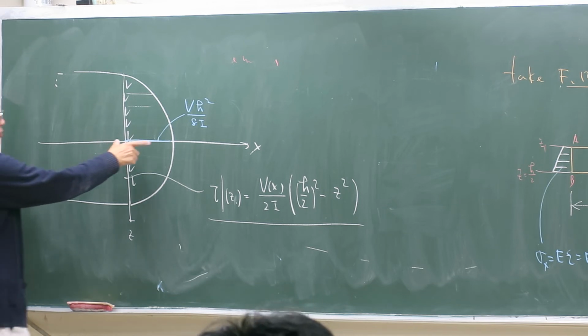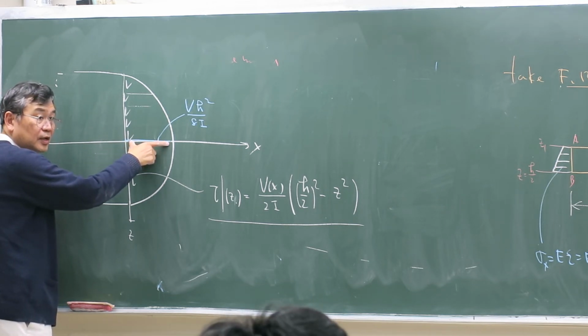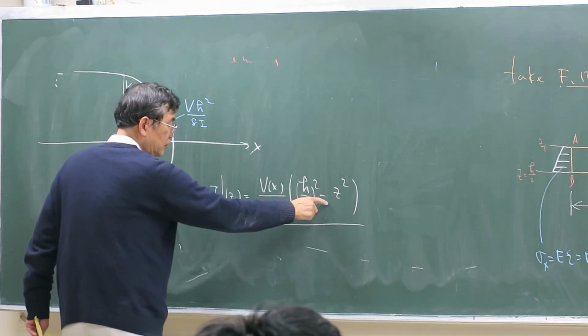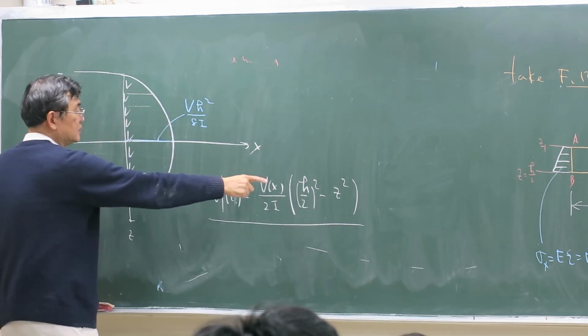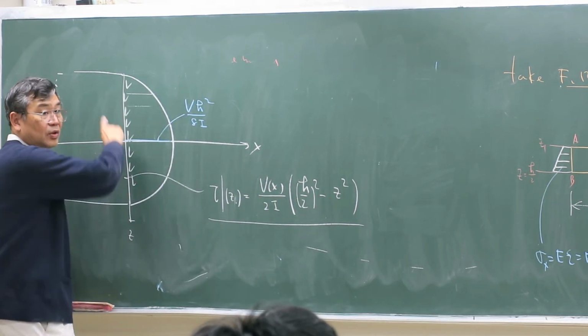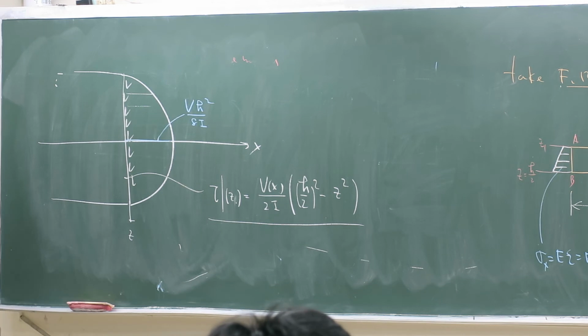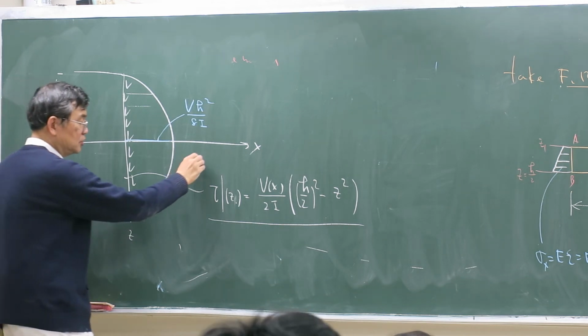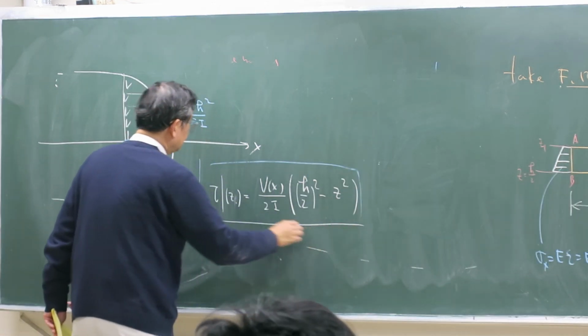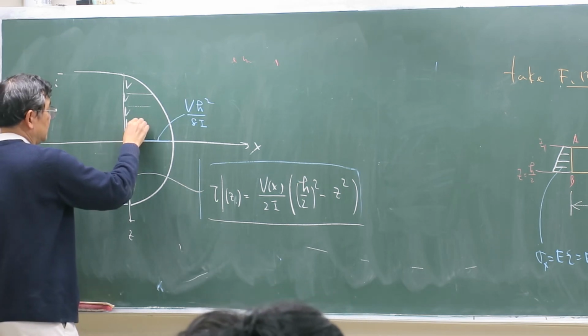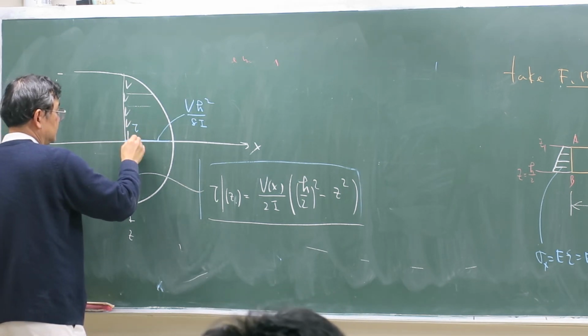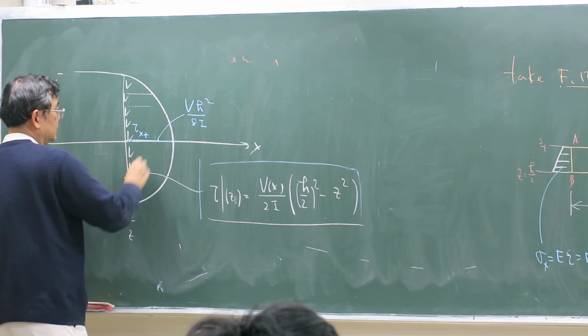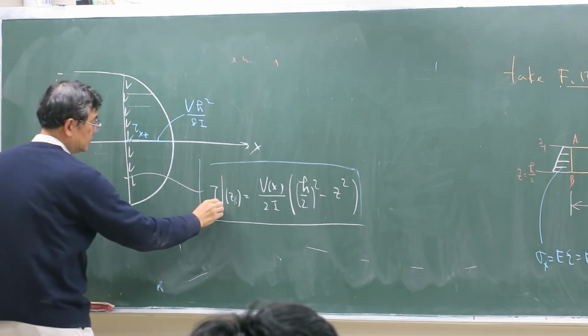This maximum shear stress value is V h squared over 8I. At z equal to half h and minus half h, it is 0. So it is parabolic. This is the shear stress distribution in the cross section, tau xz.